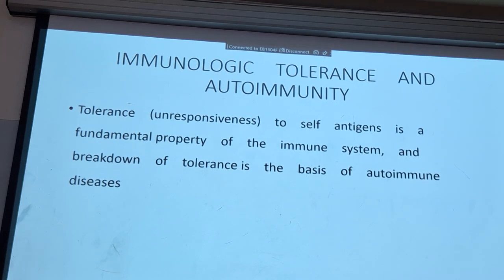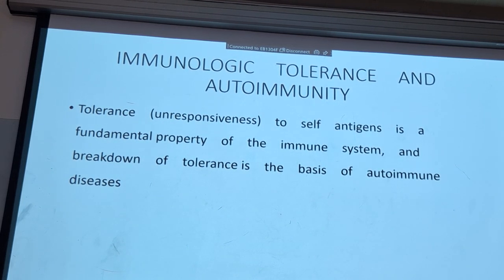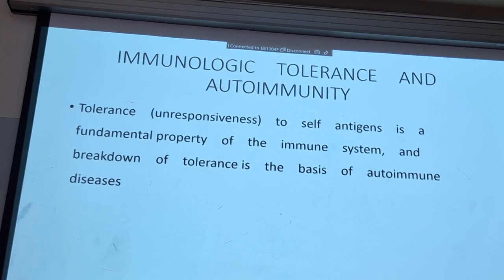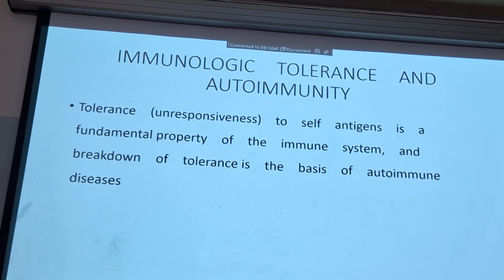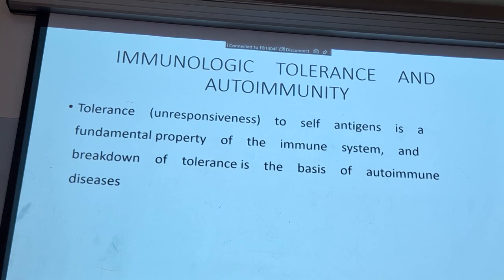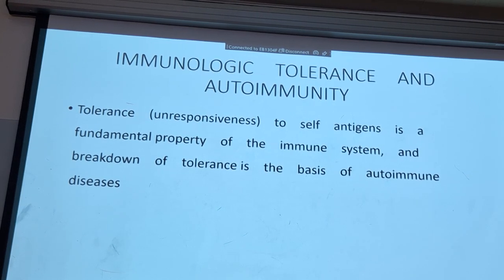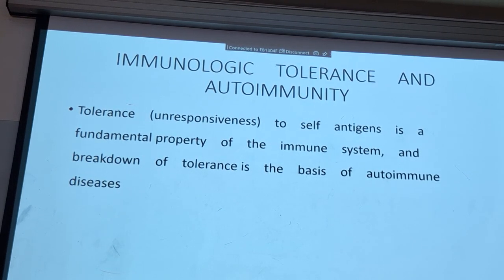We have a process named tolerance. What is tolerance? It means unresponsiveness to self-antigen, which is the fundamental property of the immune system, and breaking down of tolerance is the basis of autoimmune disease.